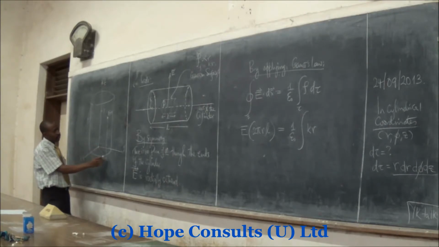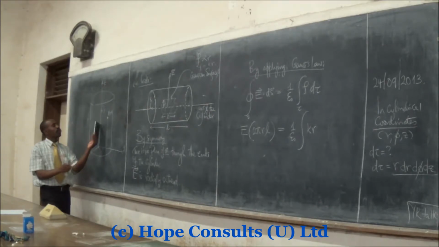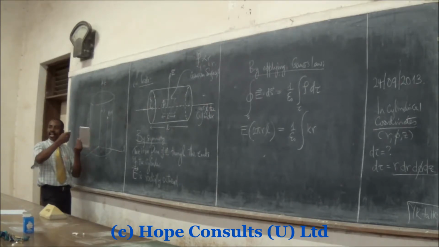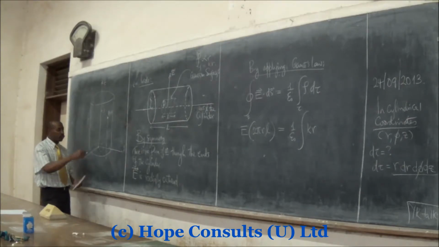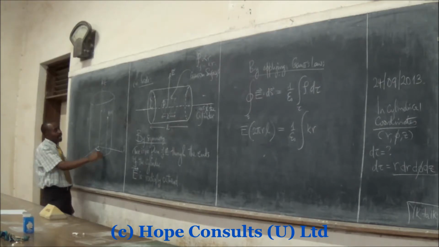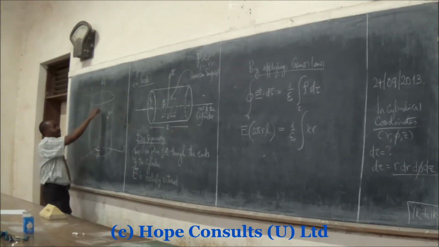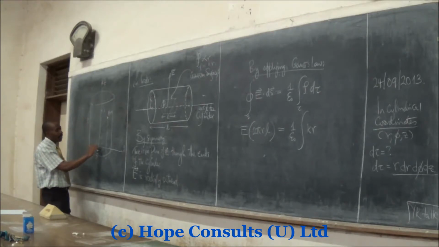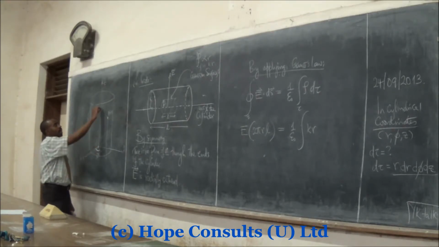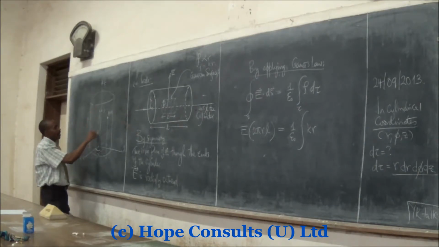And if you took this as a plane, this plane would sweep through to make a cylinder. That sweeping is what we call the phi. And the height from the origin to where R meets the Z is what we call our Z.